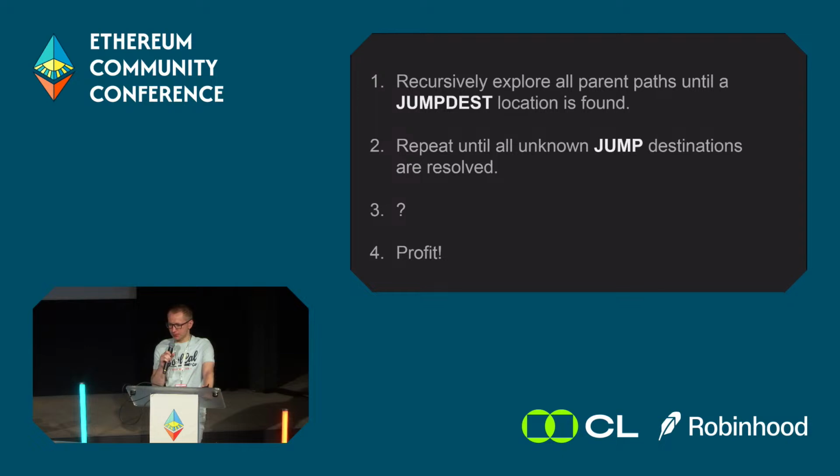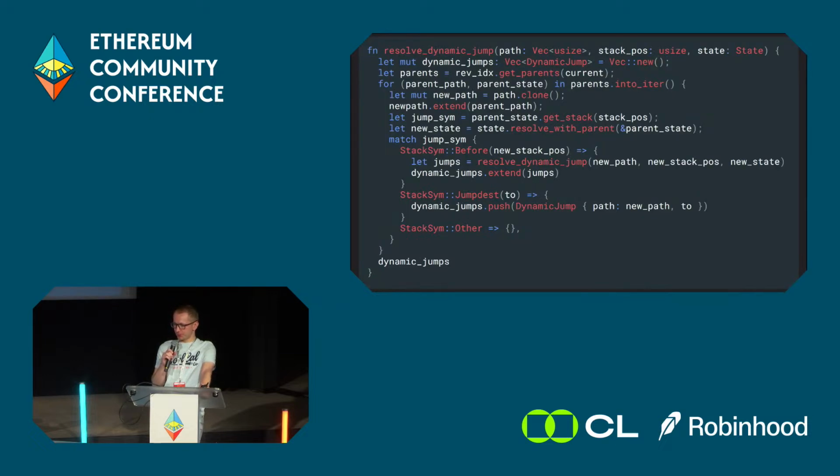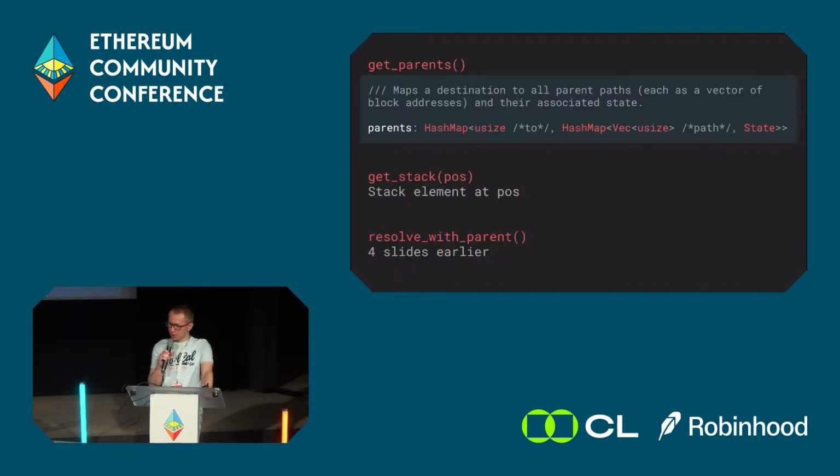Repeat that until all unknown jump destinations are resolved, because some are already resolved, as I showed you in the first slide, where the jump destination is trivial, like it's pushed to the stack in the same block, and get the profit.